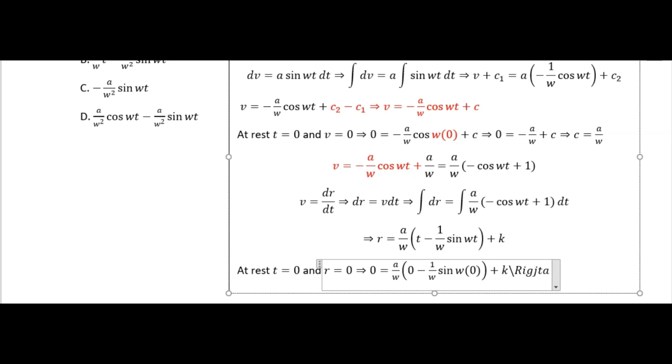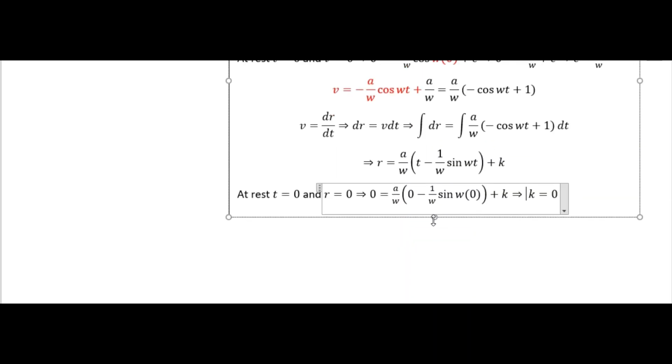So it means that our k is equal to 0. So k being 0, things are now good. Now we can simplify things very well.